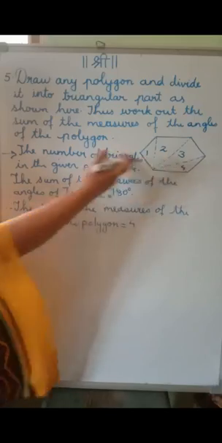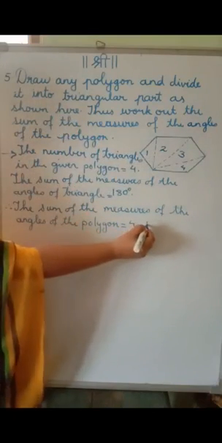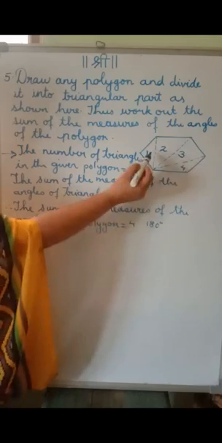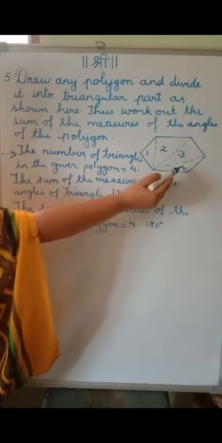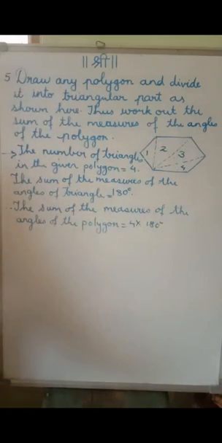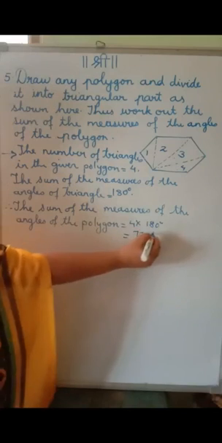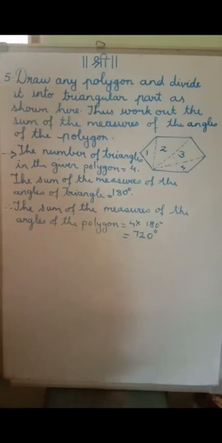In this polygon, how many triangles do we have? 4. Yes. What is the measure of one triangle? 180 degrees. So it will be 180 degrees, 180 degrees, 180 degrees, 180 degrees, 4 times. So we'll write 4 multiplied by 180 degrees. Did you understand? If we multiply, 18 times 4 is 72 and this 0 will give us the measurement 720 degrees.